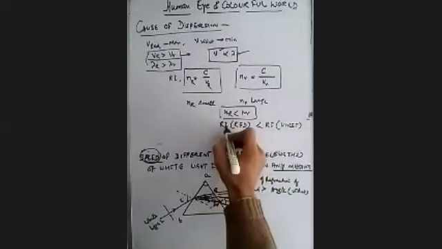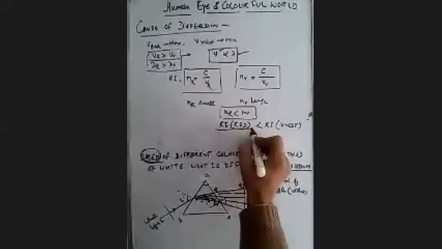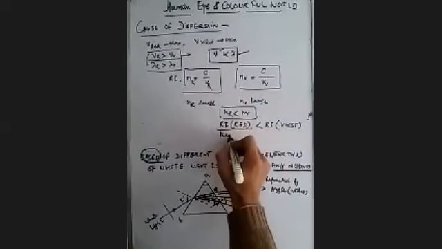Glass behaves differently for different colors. Because it is less in case of red, the bending of red color is small.